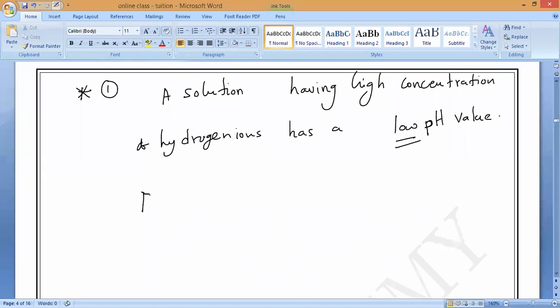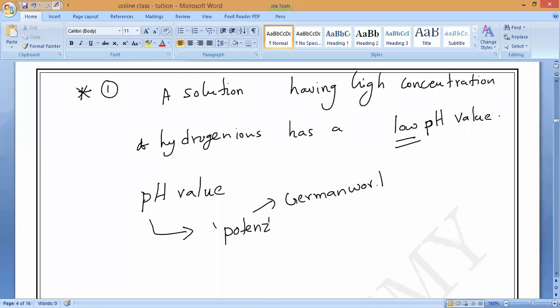Now, pH value. What does P indicate here? All of you should remember. P stands for a German word called potence. This is also very, very important. Potence means power.